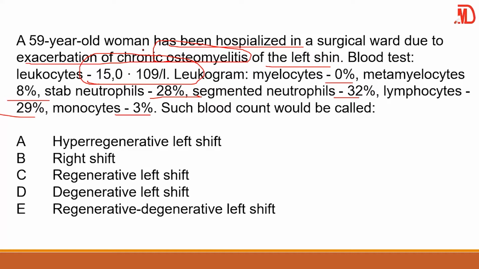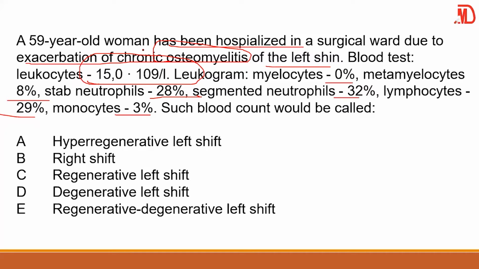And of course, I think I talked to you guys about the left shift and then the right shift. When we say the left shift, it refers to an increase in the number of immature leukocytes in the peripheral blood.